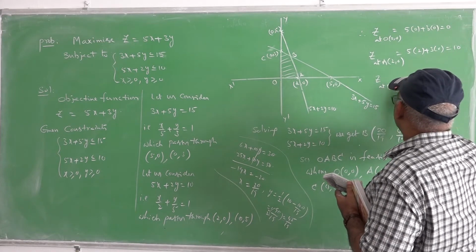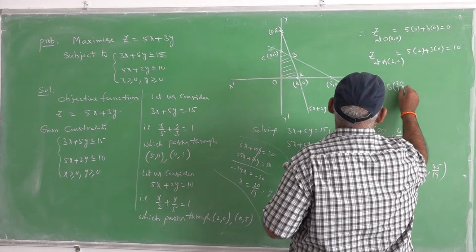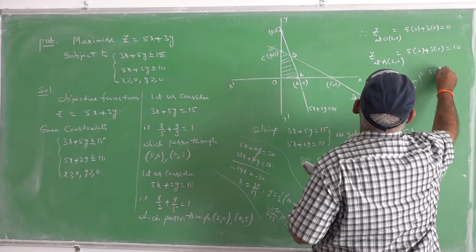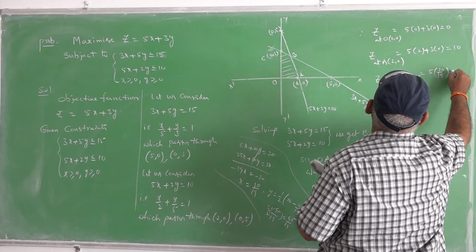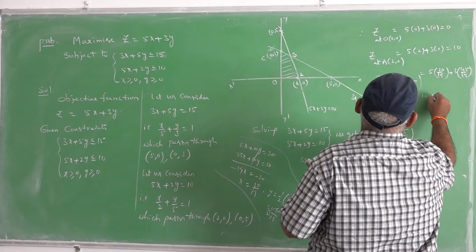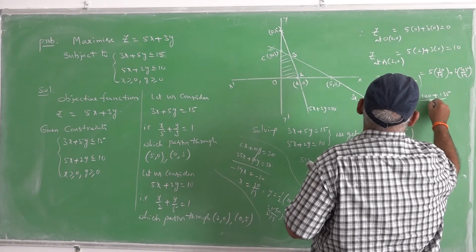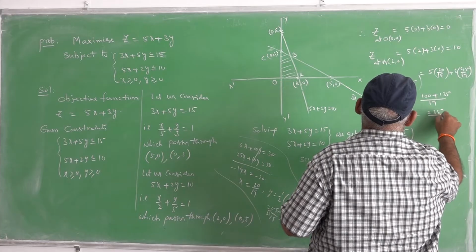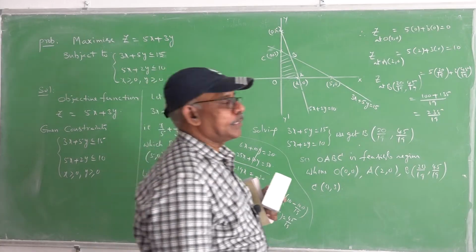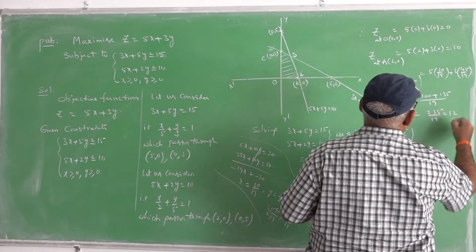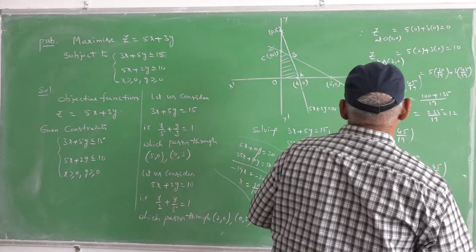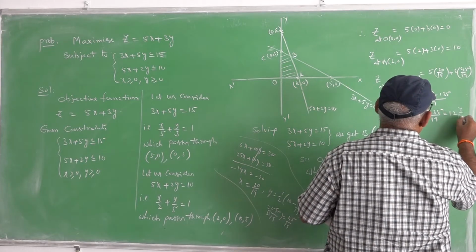Z at B, that is 20 by 19, 45 by 19, that is 5 into 20 by 19 plus 3 into 45 by 19, 100 plus 135 by 19, 235 by 19. 235 by 19 gives us 12, 7 by 19.